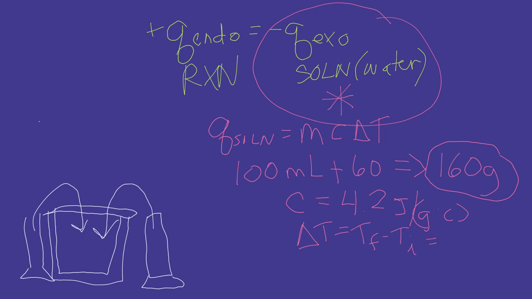In this case, our final temperature was 21 because it dropped, minus 27. So our change in temperature is negative 6. And it should be negative because we want a negative value for the solution, since again, we said that it is exo. Now we can take all of these, and I'm out of room, so I've got to clear some space so that I can plug all of this in.